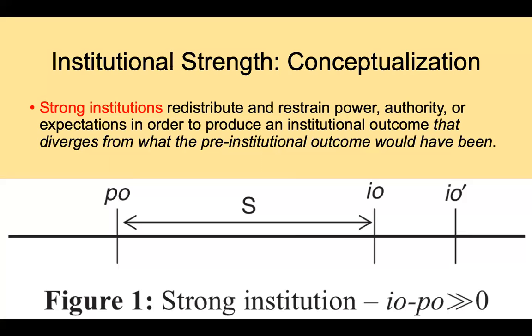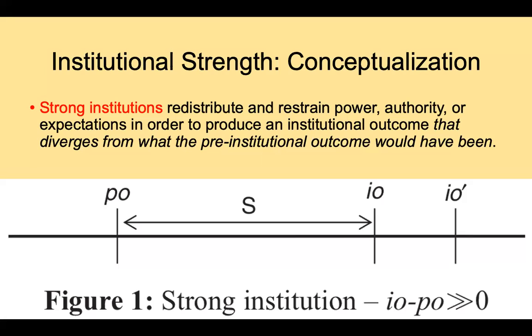So let me unpack that and explain what that is saying. What we're saying is that institutions are rules that we lay down and that then change the outcome and change the environment in a way that leads to a different outcome than would have occurred in the absence of that institution.